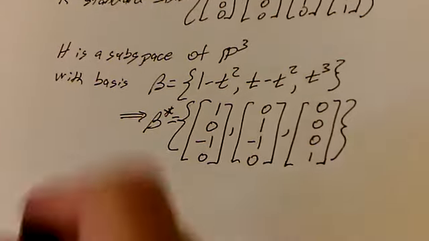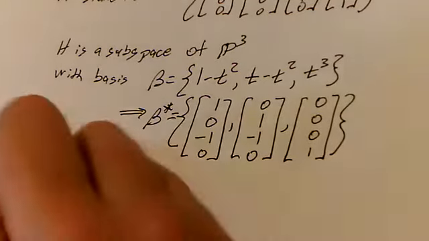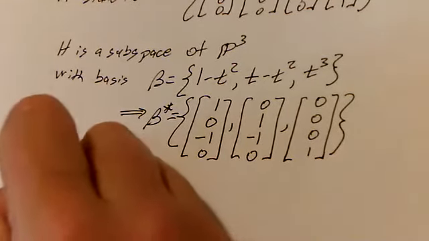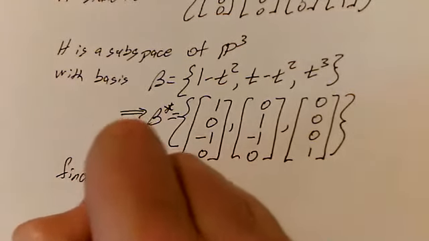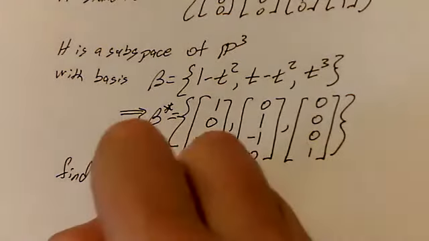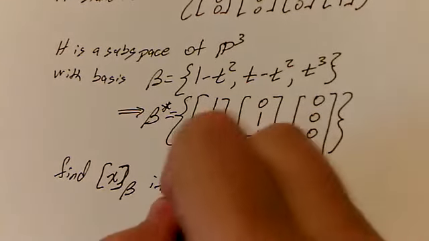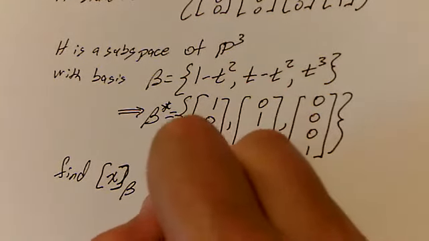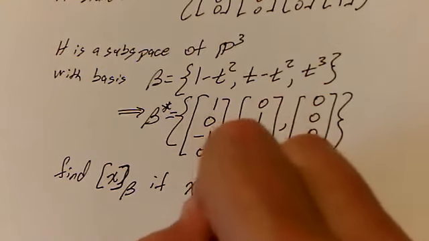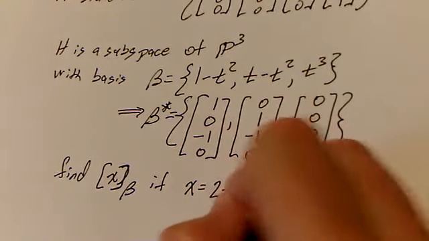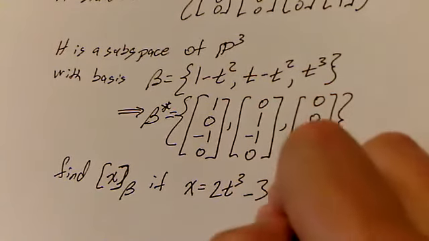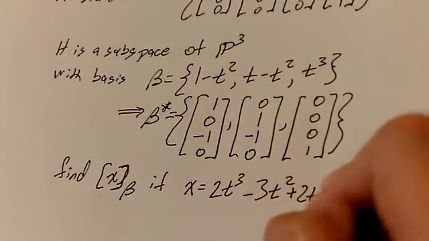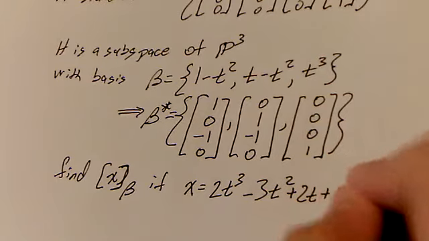Now, I'm interested in finding the coordinate vector for x with respect to the basis B, if x is equal to 2t cubed minus 3t squared plus 2t plus 1.